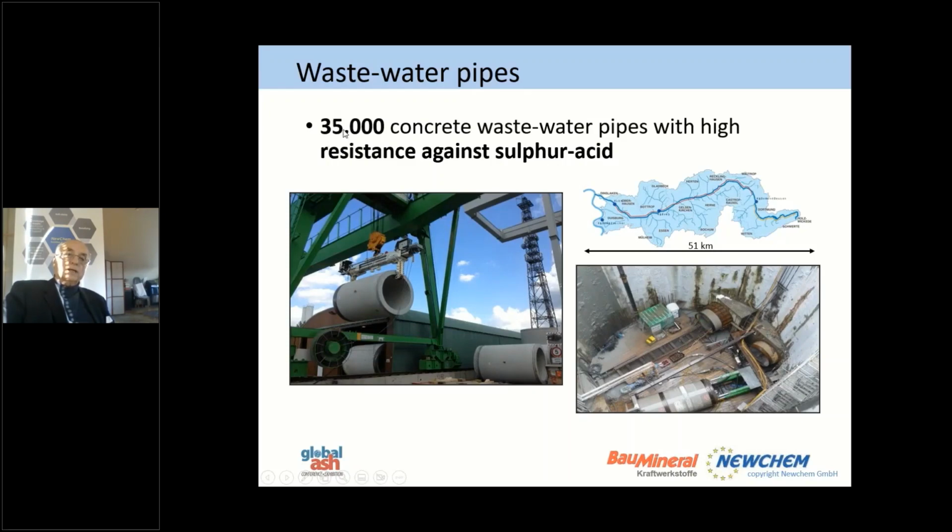So we had to produce about 35,000 concrete wastewater pipes with a rather high resistance against sulphuric acid because the pH of the water was very low. There was a lot of sulphate in it, and because the pipes are very dense, they are not getting attacked, and they should last for many years.